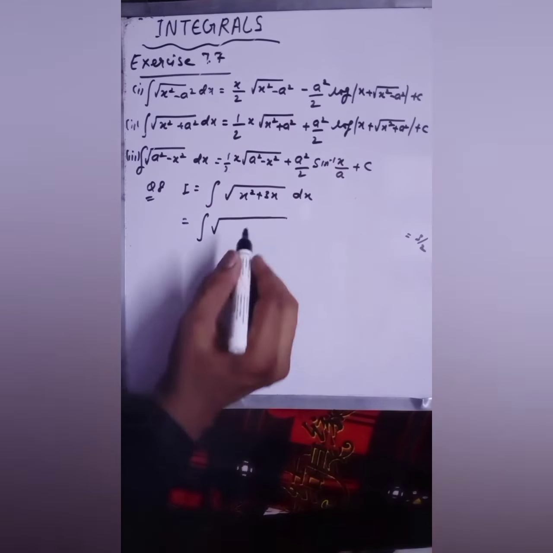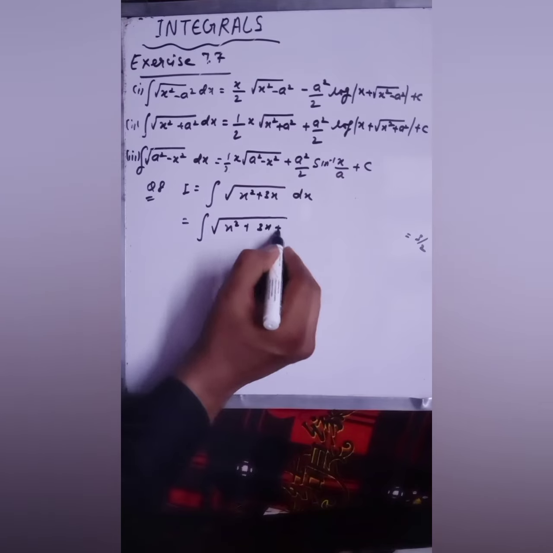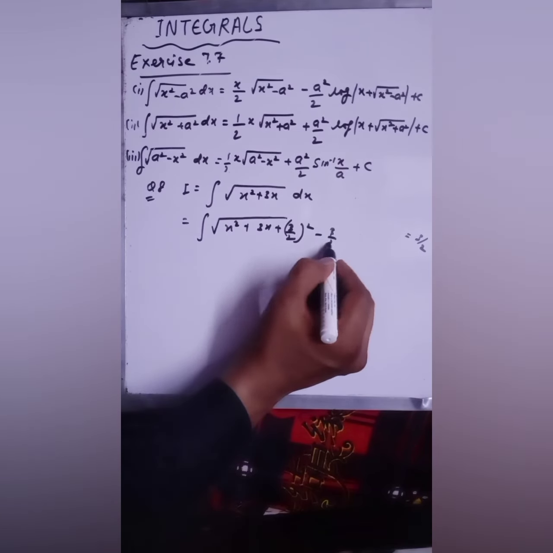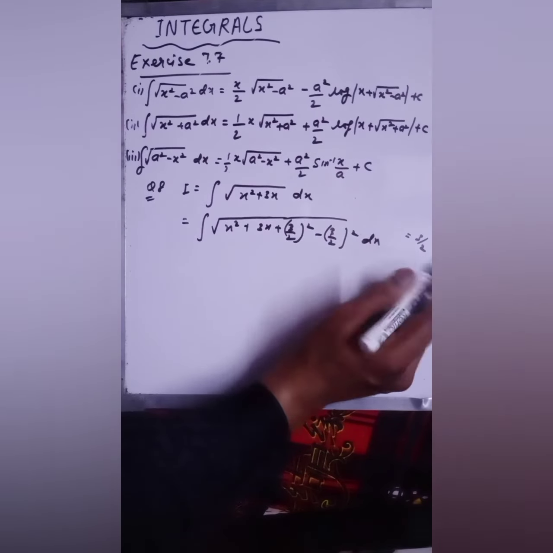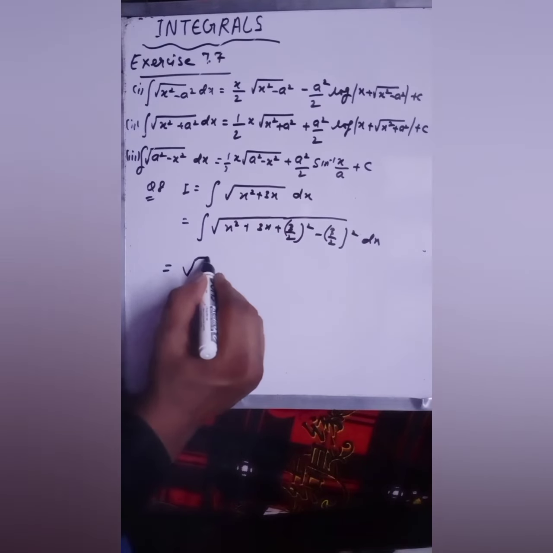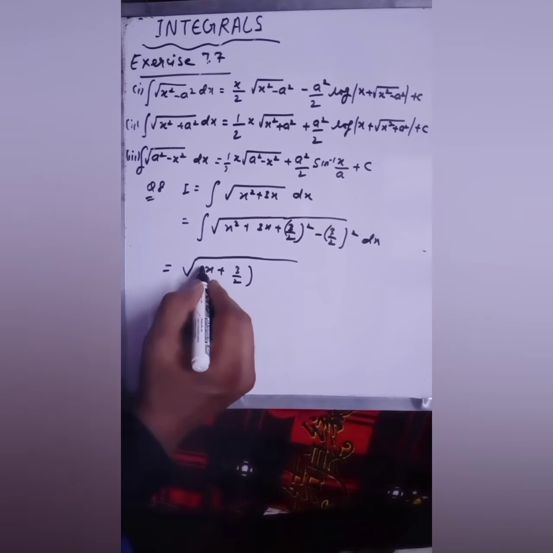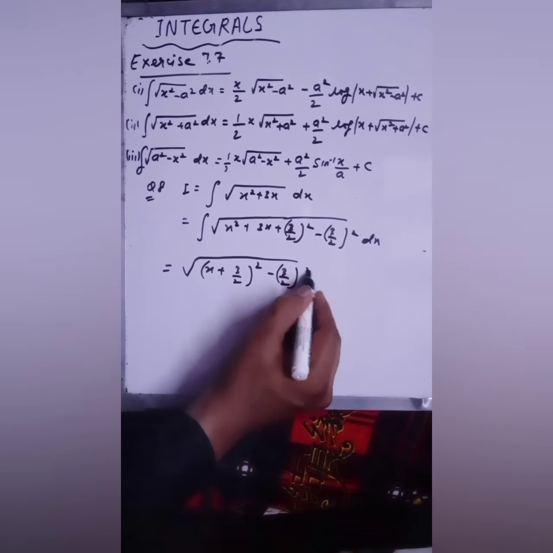Okay, so the square of this 3 by 2 you have to add and subtract into dx. So integration of x plus 3 by 2 whole square minus 3 by 2 whole square.